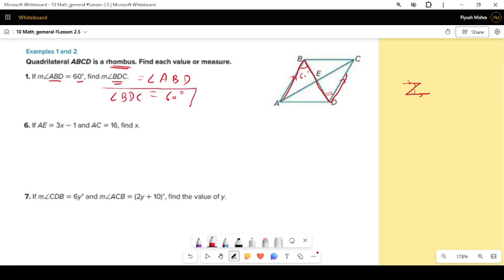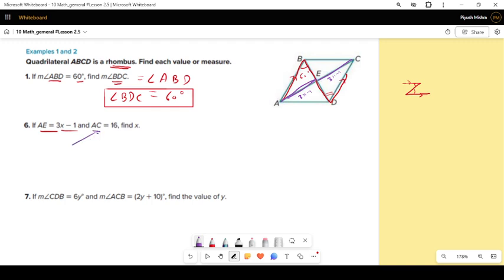Okay, next question, it is telling that AE is equal to 3x minus 1. So I'm changing the color. So this AE, this blue, is 3x minus 1. I know that the diagonals bisect each other, so EC will also be 3x minus 1. I hope you understood. And the total is 16. So I can write AC is 16.